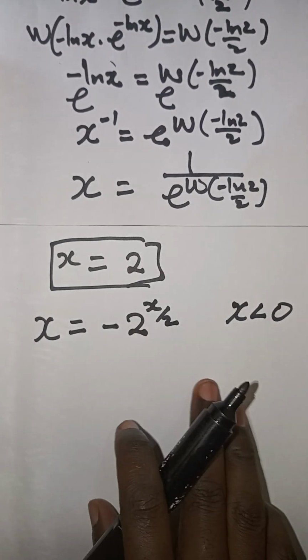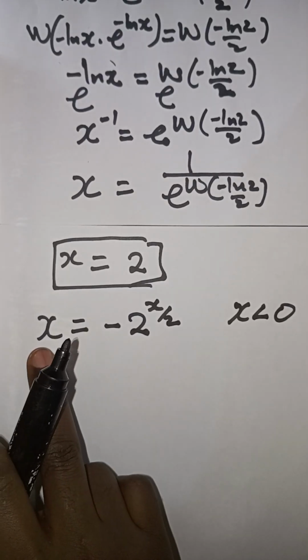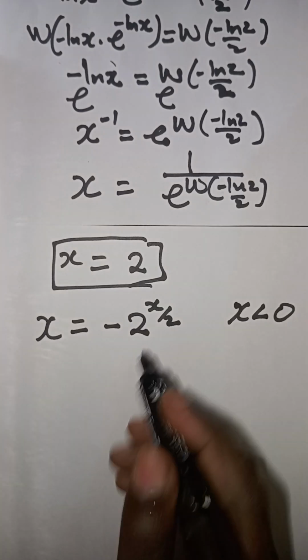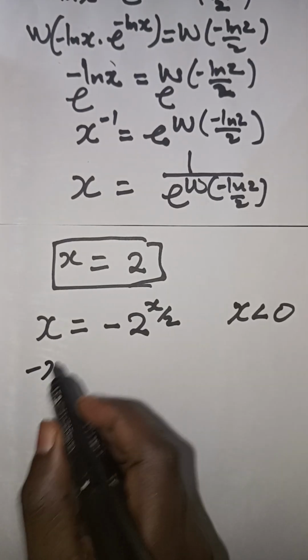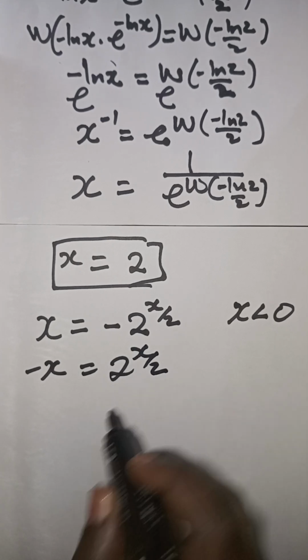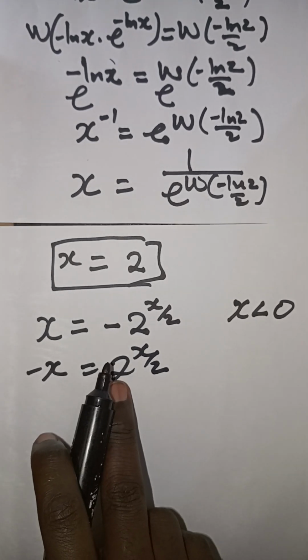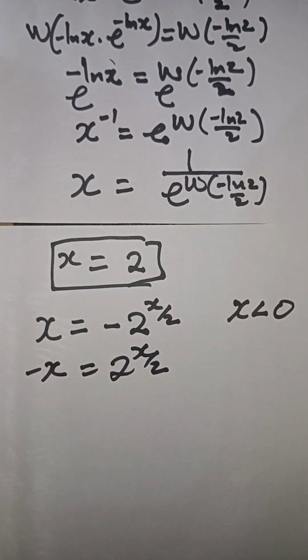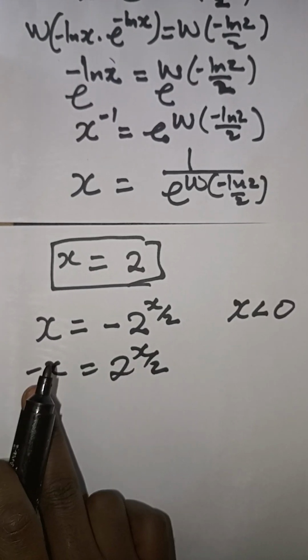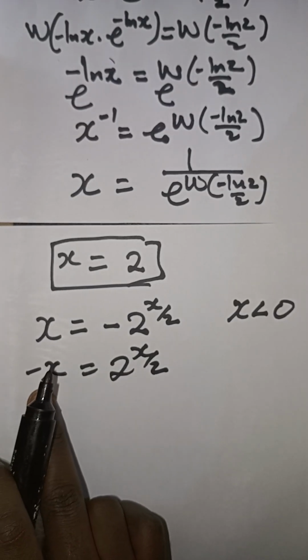So for me to work it out, I'm going to take this negative to the other side so that I'm able to get the ln, so that I have negative x is equal to 2 raised to x over 2, so that I should be able to find the ln of a positive number, but on this side I have negative x.